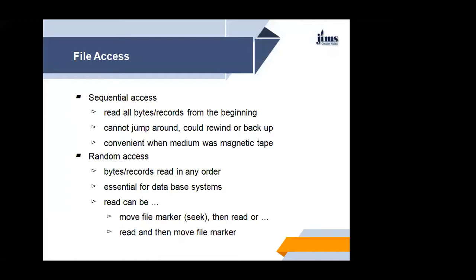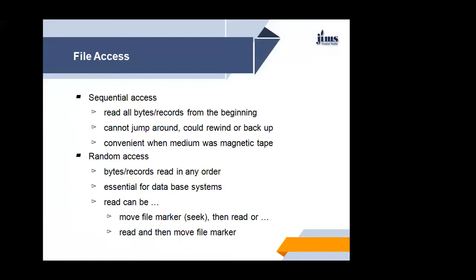In sequential access, information in the file is processed in order. It means one record after the other. Read all bytes of the records from the beginning. Cannot jump around. Could rewind or backup.